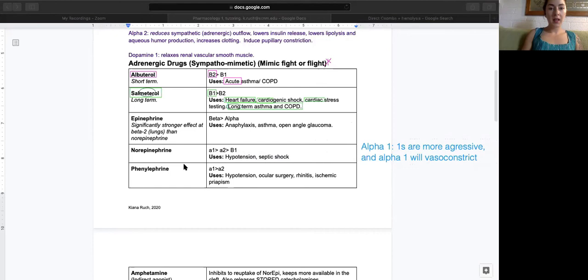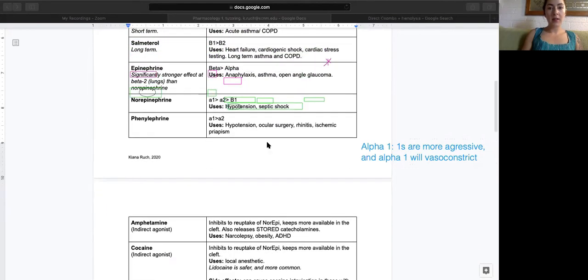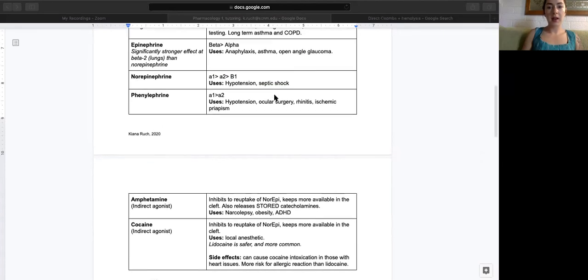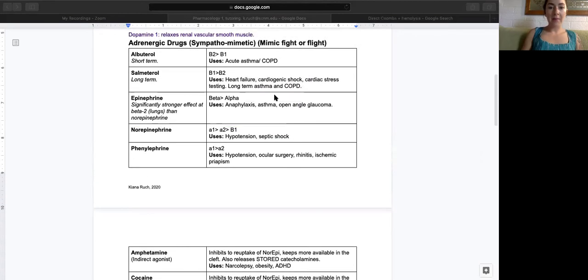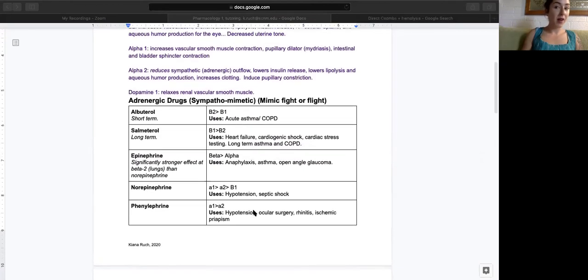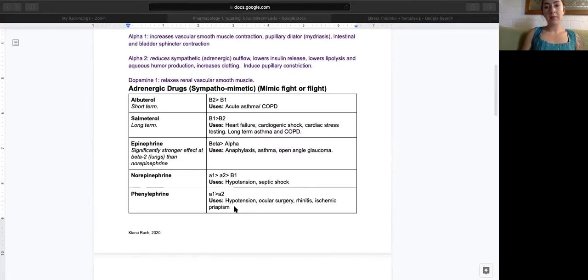Phenylephrine, I honestly don't even remember seeing too much about it. I wouldn't worry too much about it. Maybe this ischemic priapism part, that's kind of specific. Ischemic priapism means ischemia, there's not enough blood supply, or the blood supply is blocked, and priapism means an erection that won't end.